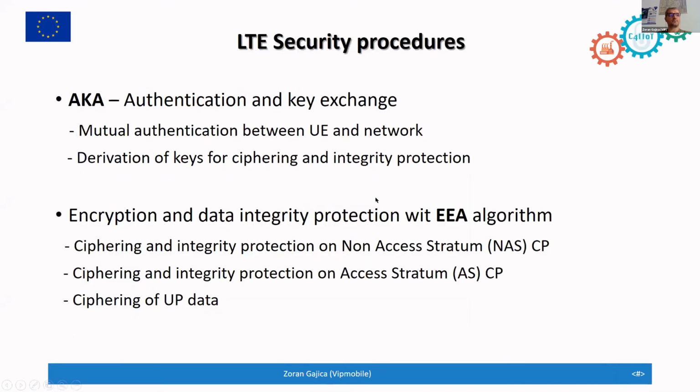It's important to say that ciphering is applied on all communications, so user data and signaling data. And we must say here that signaling data is, let's say, more important. So the integrity check is performed only on signaling data, on the signaling plane.